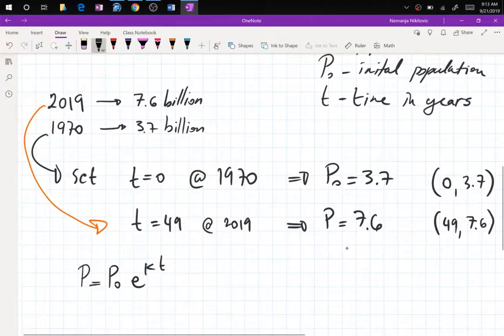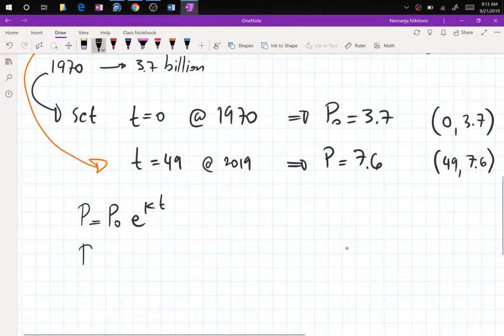So we immediately know that we can make this equation a little bit better now: 3.7 e to the kt. Okay, we have that. Now, the next line gives us time equals 49 and population equals 7.6.